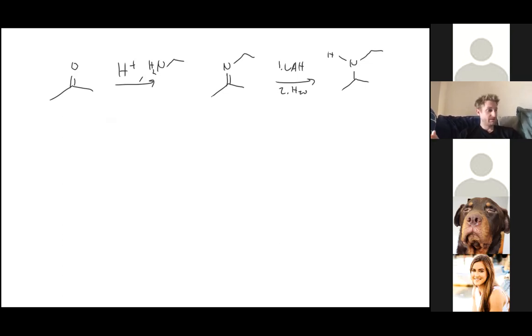Some other ways to make amines. So our nitrile method has a little bit of a problem to it where it's going to add an extra carbon.